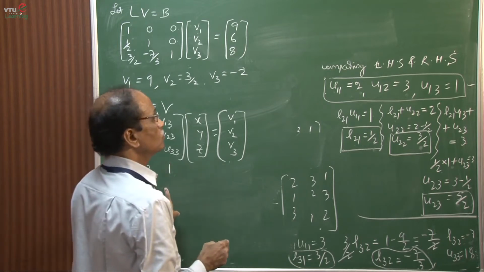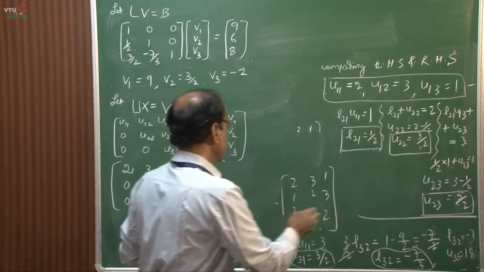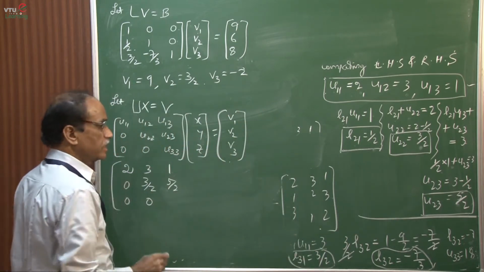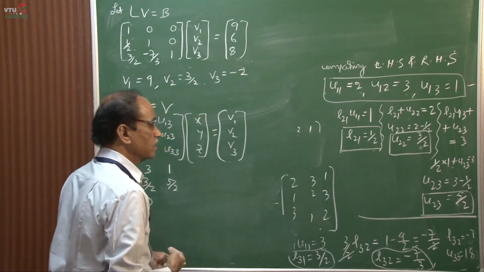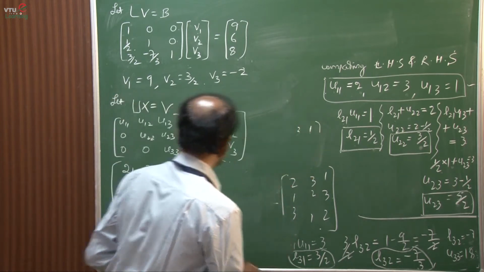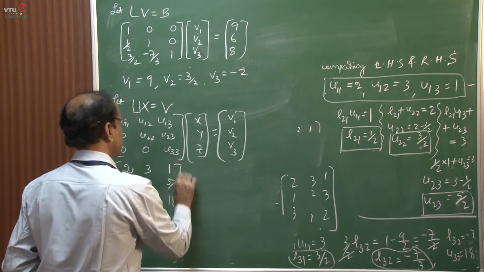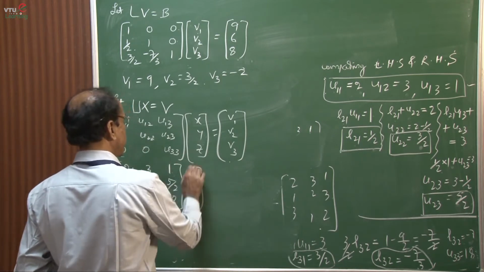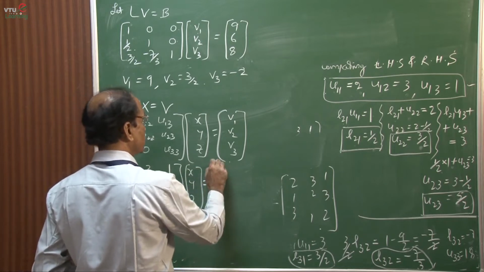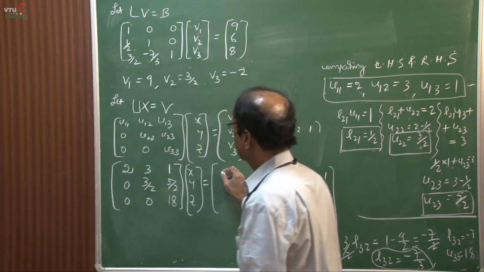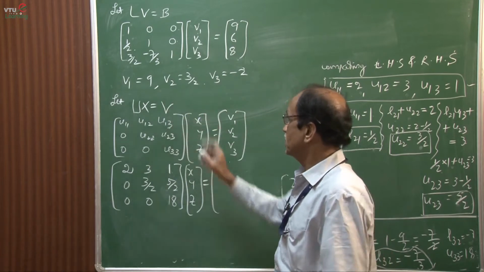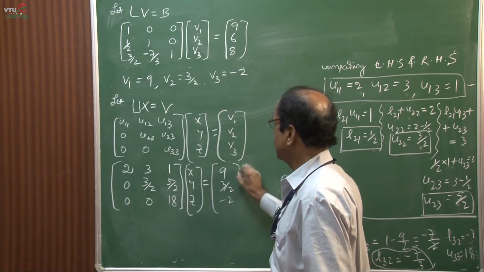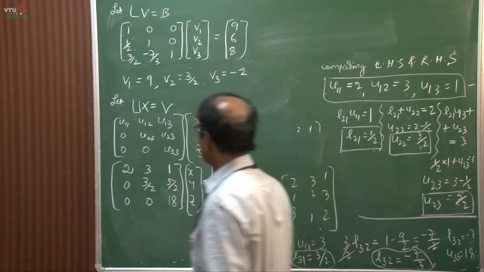And U23 is 5 by 2, right, and 0, and U33 is equal to 18. This much multiplied by X, Y, Z, and this should be equal to V1 that is 9, V2 it is 3 by 2, and V3 it is minus 2. This is the final step.